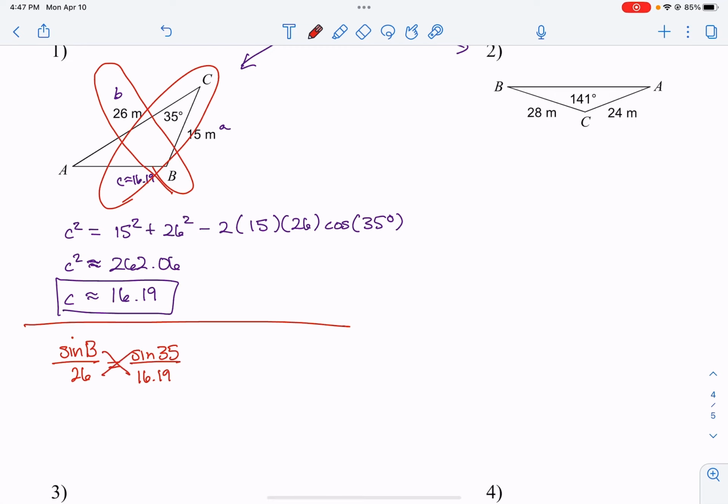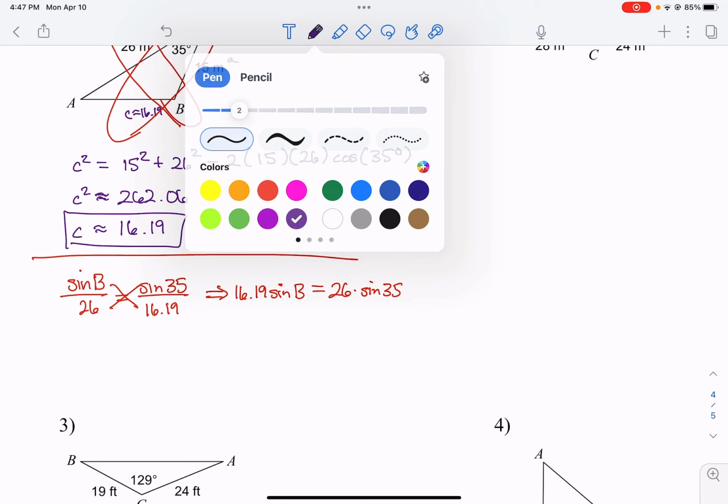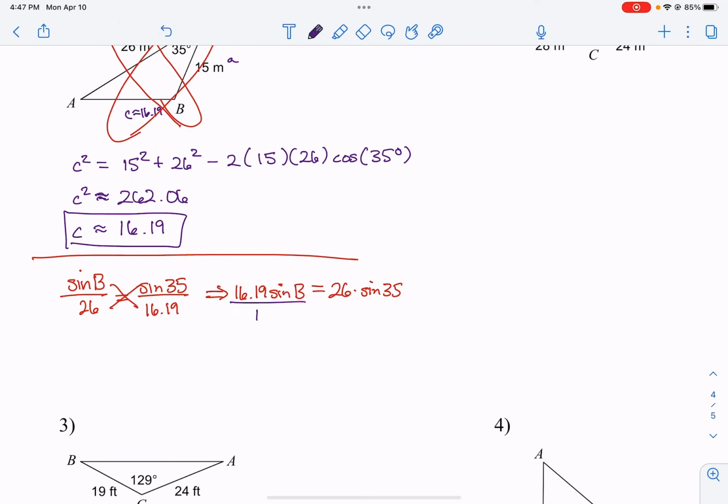So I'm going to go ahead and cross multiply here. We end up with 16.19 times sine of B is equal to 26 times sine of 35. And we're trying to solve for B, so divide both sides by 16.19. Those cancel.